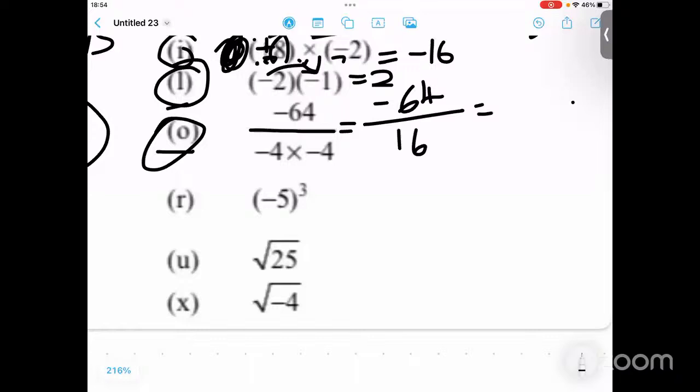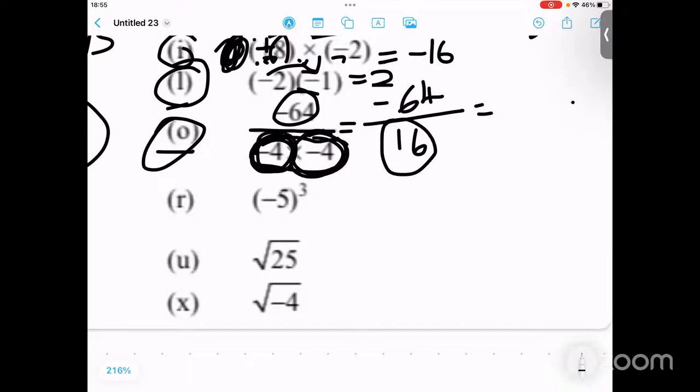You are saying negative 64 divided by negative 4 equals what? Equals positive 16 because a negative divided by a negative is a positive. But the negative 64, guys, is being divided by this whole number, not negative 4, but negative 4 multiplied by negative 4. So those of you that said the procedure is negative 64 divided by the negative 4 multiplied by negative 4, which is positive 16, are correct.